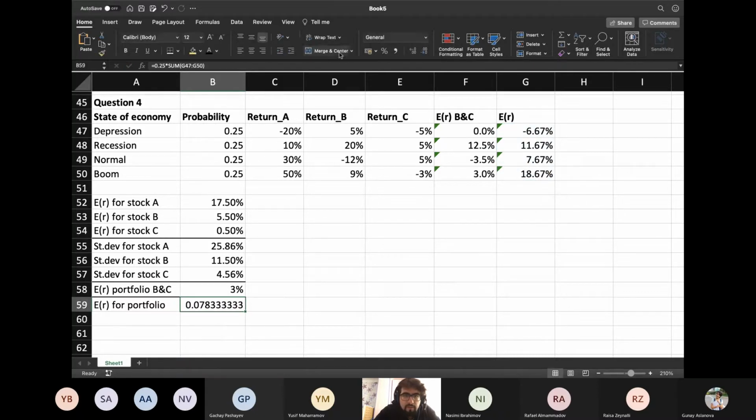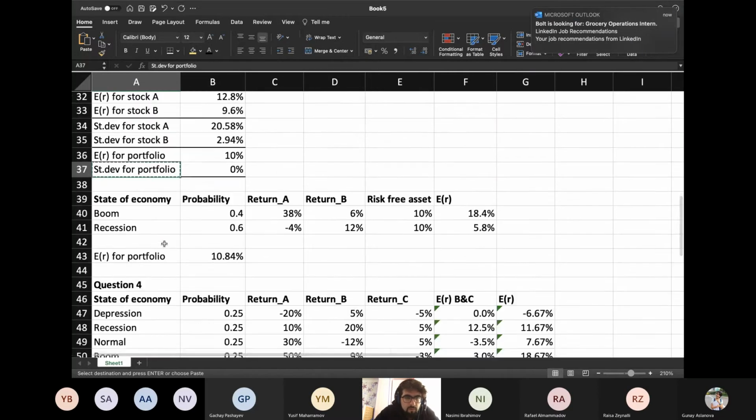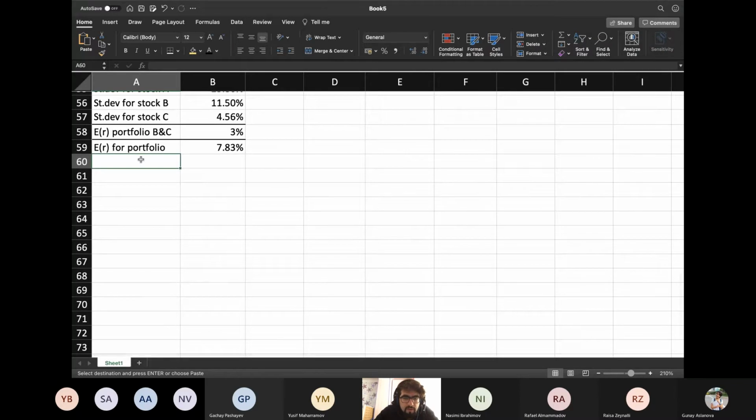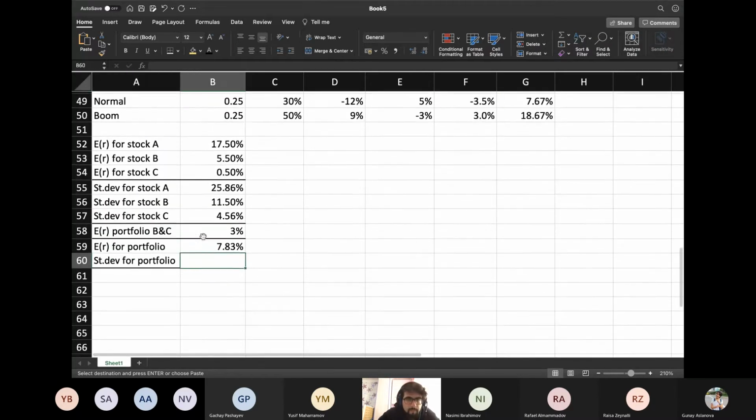This is the expected return, and then we can easily find the standard deviation for the portfolio, because in order to find standard deviation, firstly we should find the expected return for the portfolio.